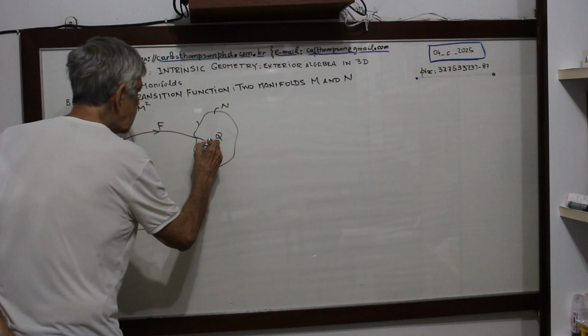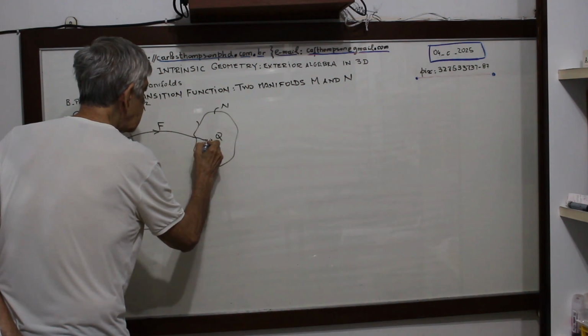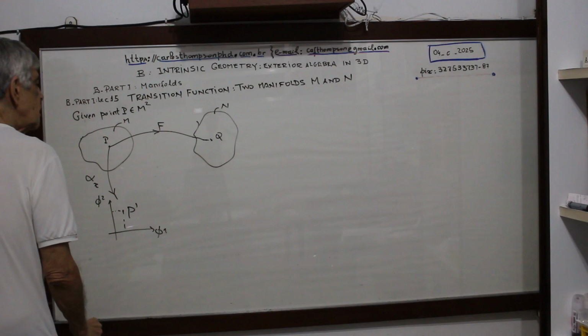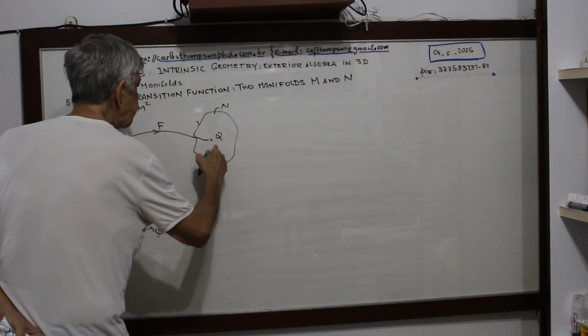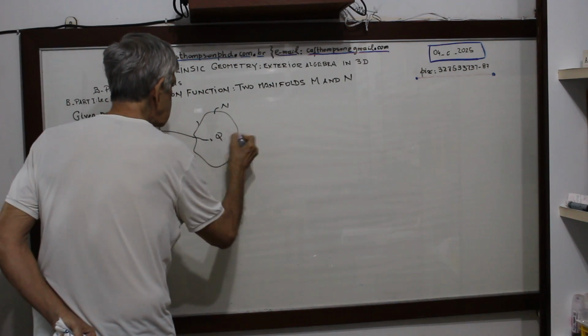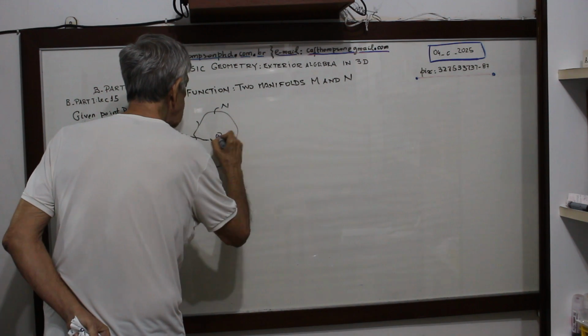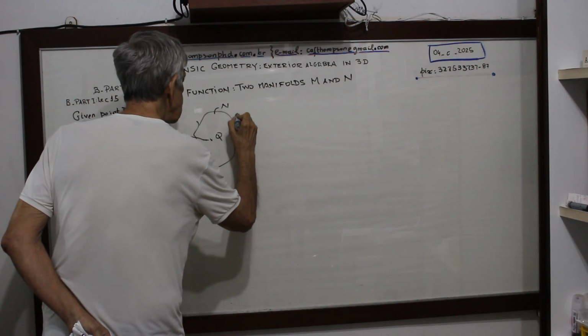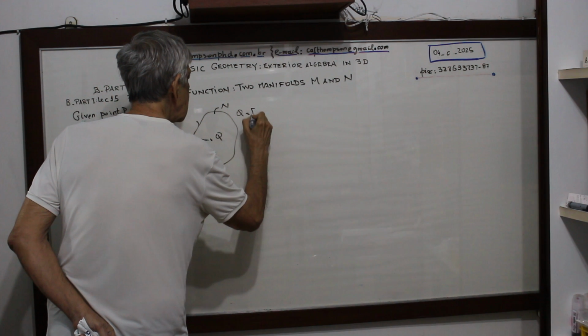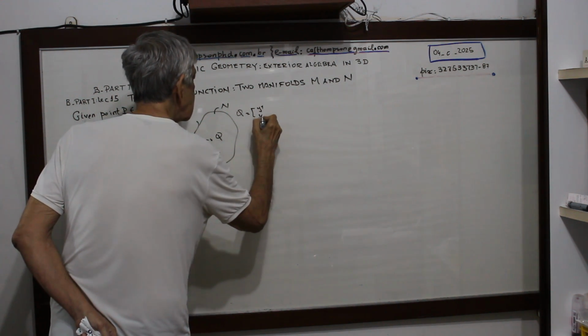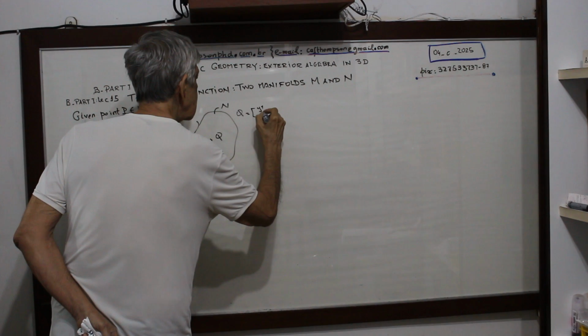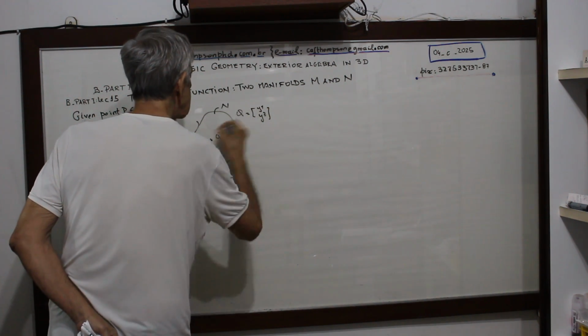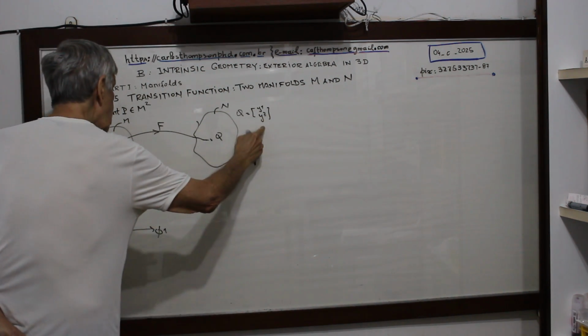Likewise, when I calculate the coordinates of point Q, I say that point Q here is y1, y2. That's point Q. This is a consequence.